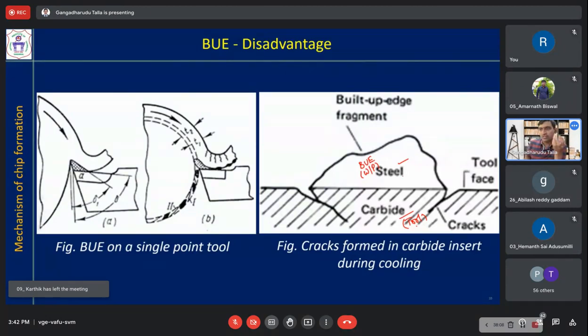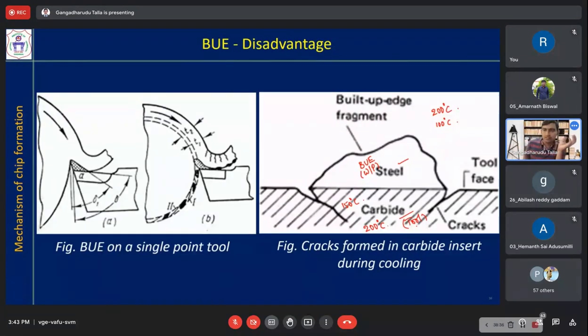Suppose you have heated steel to, let us say, some 200 degrees Celsius, for example. And carbide is also heated up to 200 degrees Celsius. So if you leave them in air, let us say after 5 minutes, steel will come down to, let us say, 100 degrees Celsius, whereas carbide will remain at 150 degrees Celsius because carbide will cool slowly.